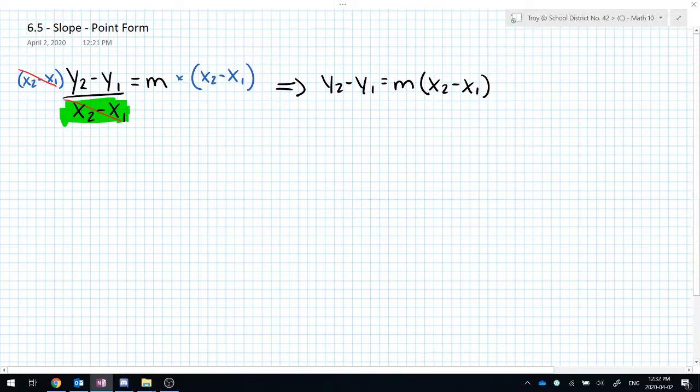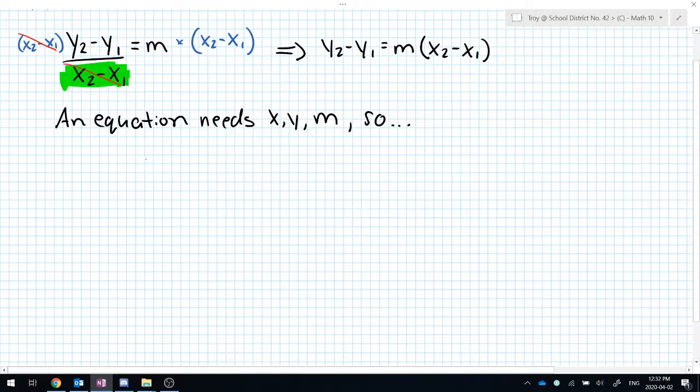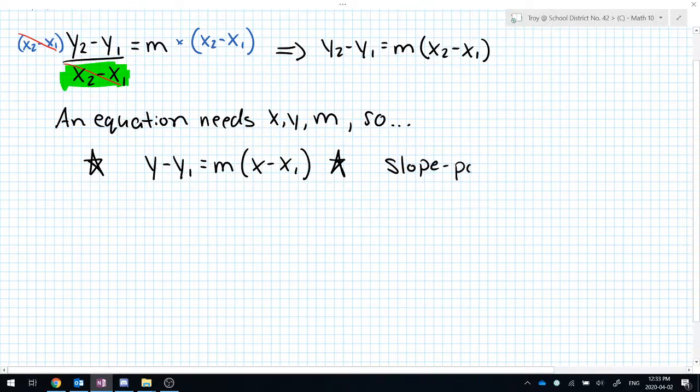Okay. So in general, an equation for linear functions needs x, y, and m. So we get our new equation, which is y minus y1 equals m times x minus x1. This is our new equation, and it is called slope point form.